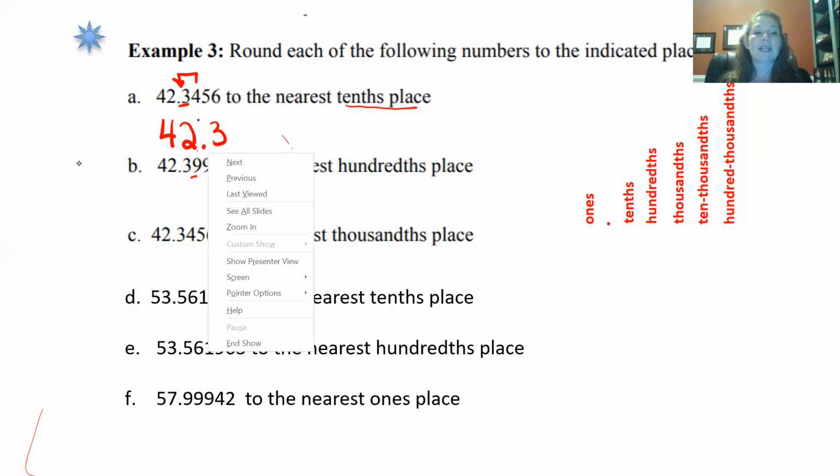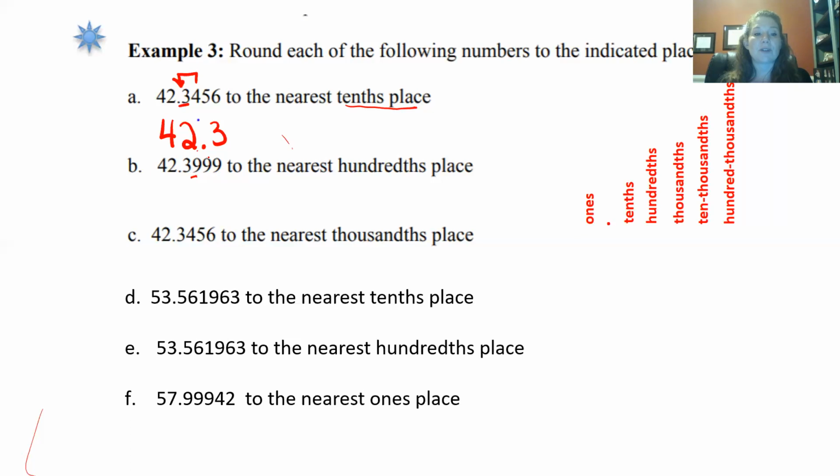So what's the only thing a 9 can turn into? Well, the only thing a 9 can turn into is a 10, okay? So this 9 right here is going to turn into a 10. Well, when that turns into a 10, you can't write a 10. You have to write a 0 and carry the 1. So what's 3 plus 1? Well, it's 4, right?